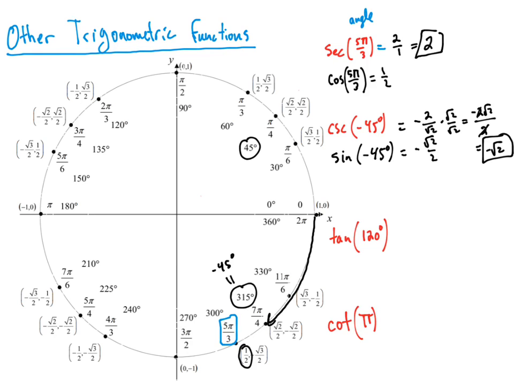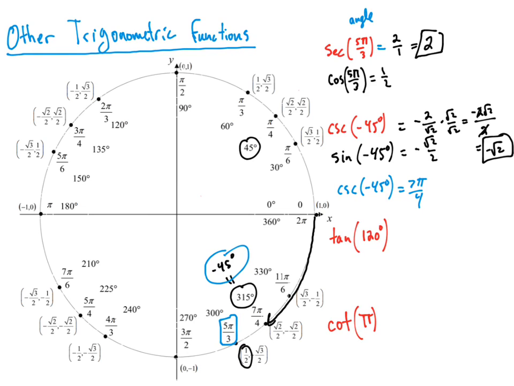I do want to say for this one, a common mistake that students will make is they'll say, oh, well, cosecant of negative 45 degrees, well, 45 degrees is down, negative 45 degrees is down here. That means that is equal to 7 pi over 4. Well, that's not correct, because 7 pi over 4 is just the angle getting measured in radians.